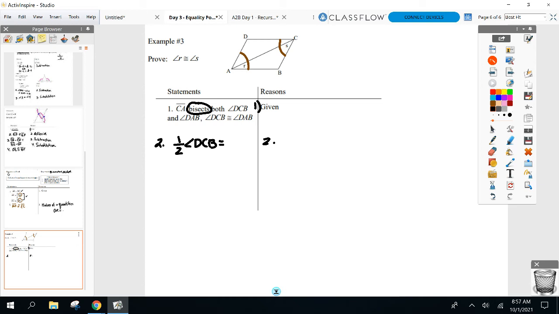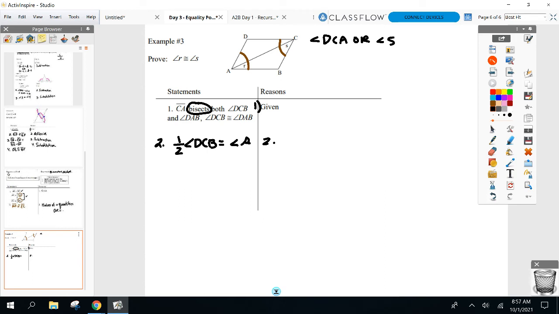So I can say this is equal to DCA, or I could say it's equal to angle S, right? Because everyone see, that's both sides of the angle. Which one do I only care about, though, in this proof? Darn right, the one in the proof statement. So I'm going to say half of DCB is equal to angle S. It's true that it's equal to angle DCA, but I don't need that.